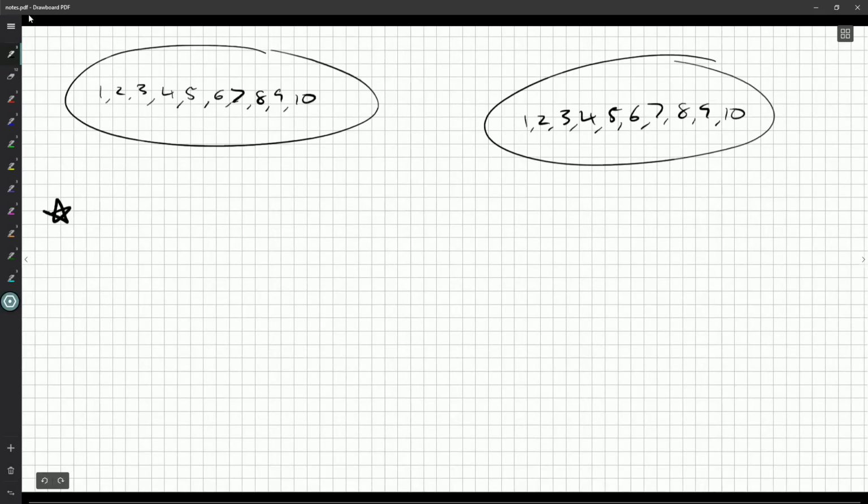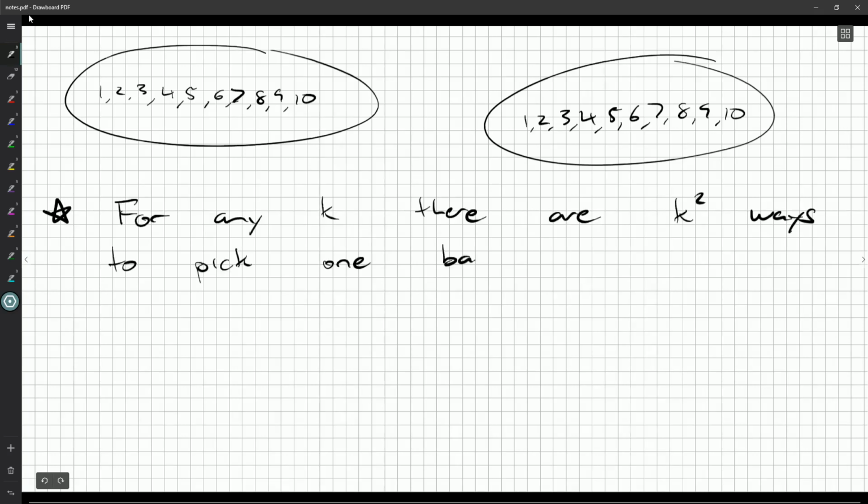So one thing I'm going to just sort of note, and they've sort of implicitly noted this already in their probabilities, for any k, there are k squared ways to pick one ball from each bag.